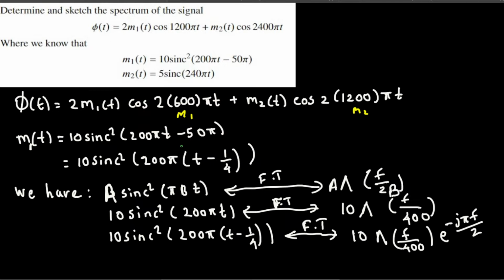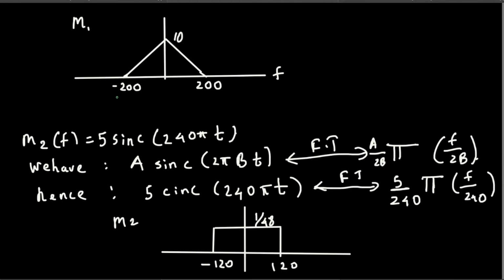If you draw the diagram for this, first look at m1. m1 is the triangular shape that has totally 400 period.